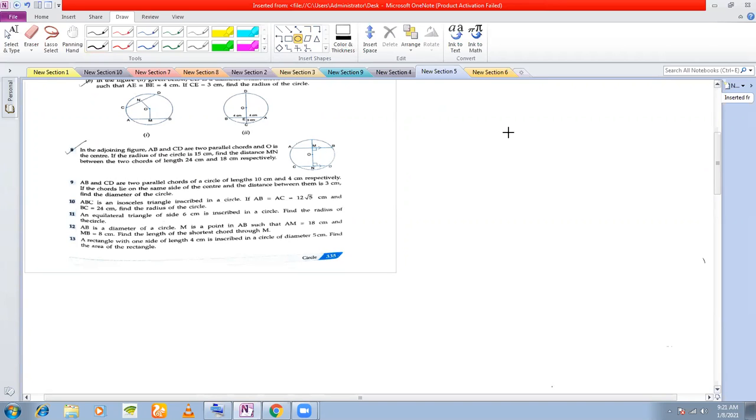So let's draw the figure here. Write the question number first. This is number 10. So this is your circle, and let us inscribe a triangle in this.